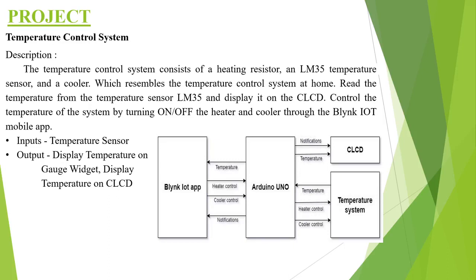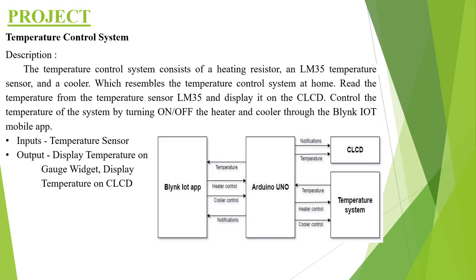Then we are using a temperature control system. Here we can control the temperature of the room from our phone by clicking on the on and off buttons on the app and seeing how much temperature is there in the room. We are including a heater and a cooler. After reaching a specific temperature, that is set to be 35 degrees, the cooler will automatically turn on and decrease the room temperature to 27 degrees Celsius, which is the minimum temperature.